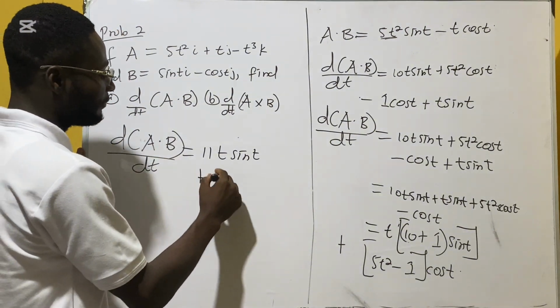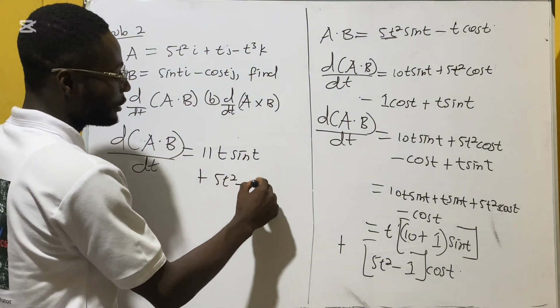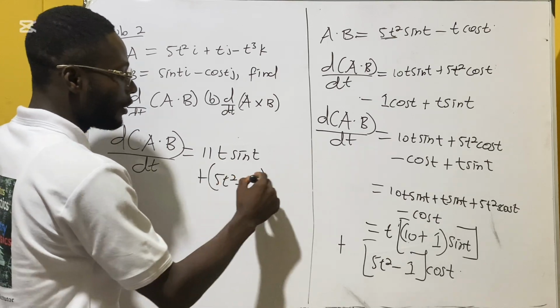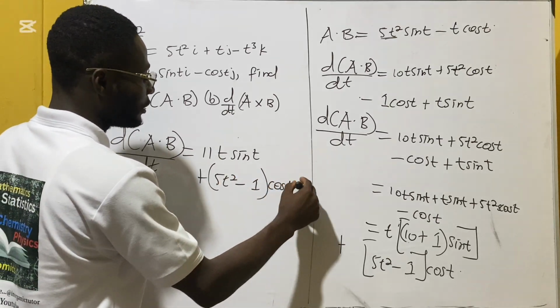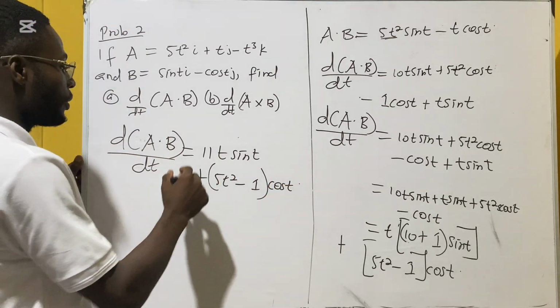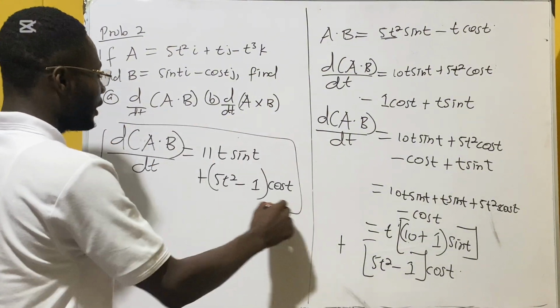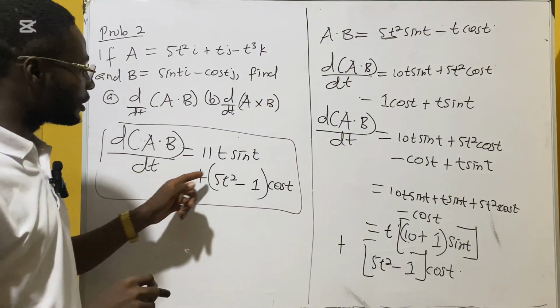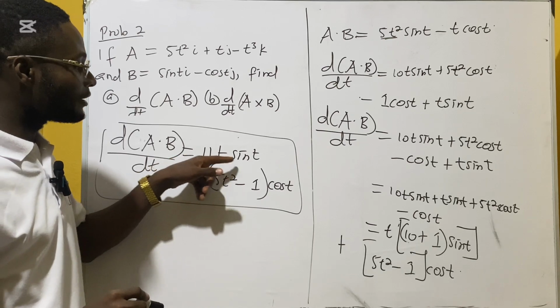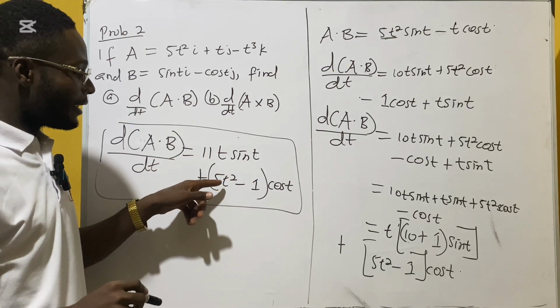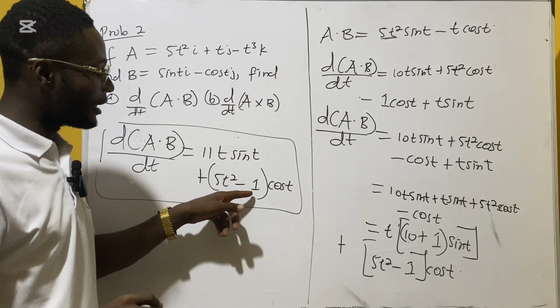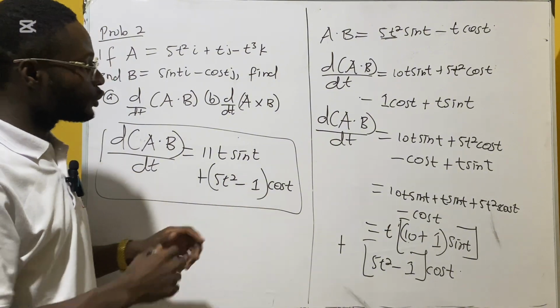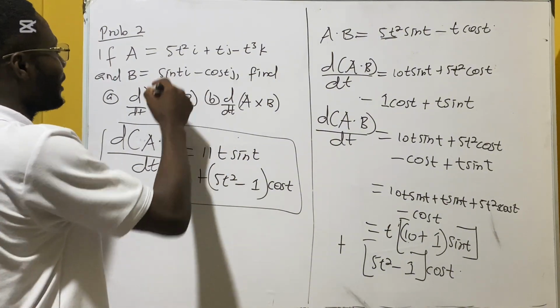Then plus 5t squared minus 1 cos t, right? So the final answer for a, the differential of a dot b with respect to t, is equal to 11t sine t plus, in bracket, 5t squared minus 1 cos t. So that is it for the a part.